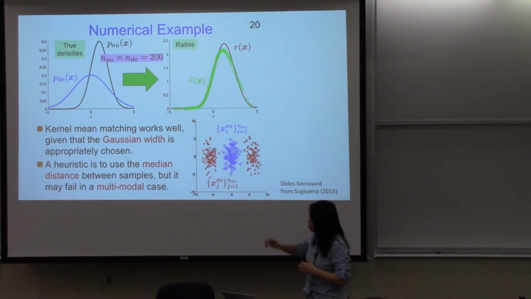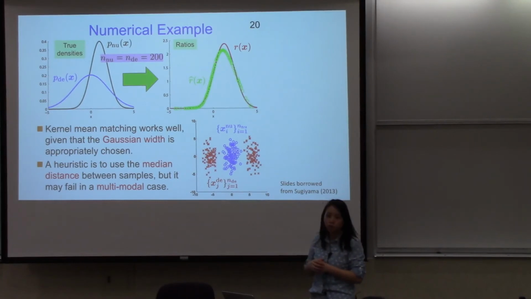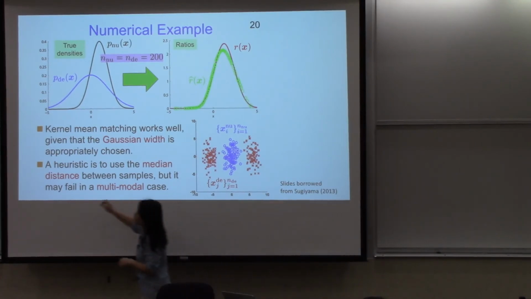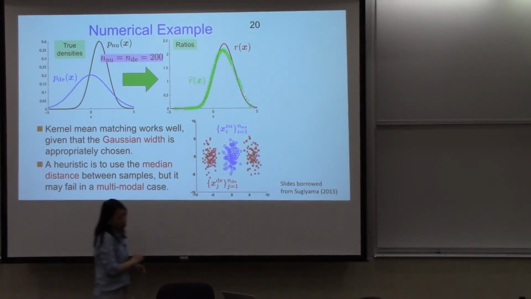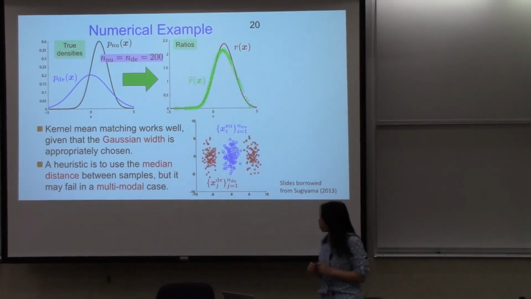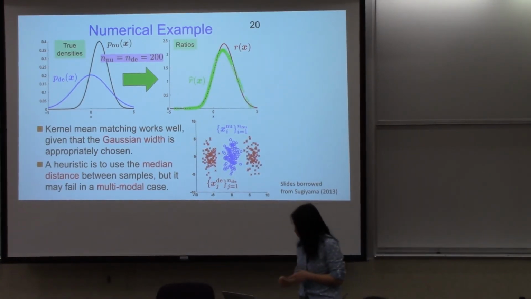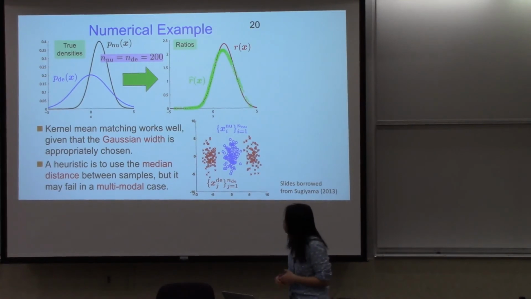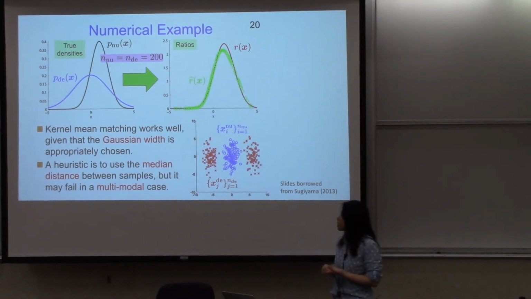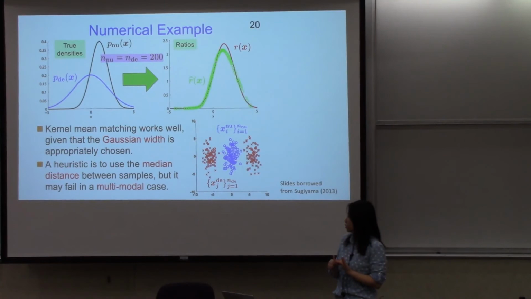It is mentioned that you need to choose the Gaussian width, which is just the sigma here, carefully for the Gaussian kernels. A heuristic mentioned is to use the median distance between samples.